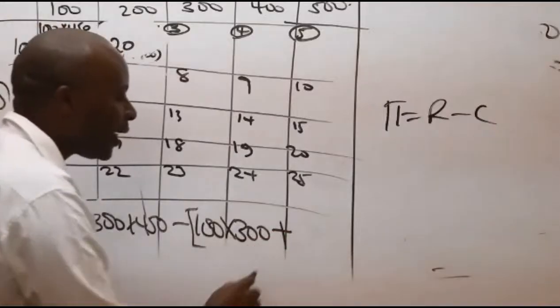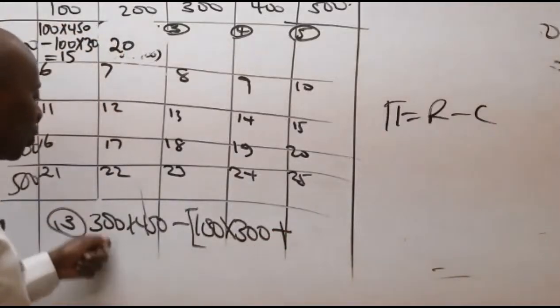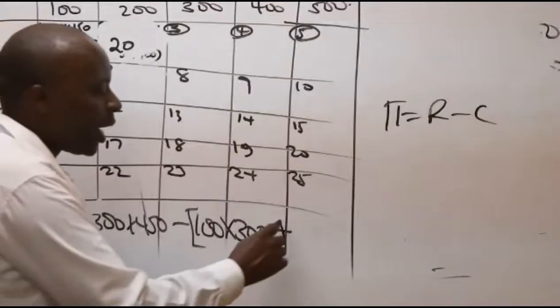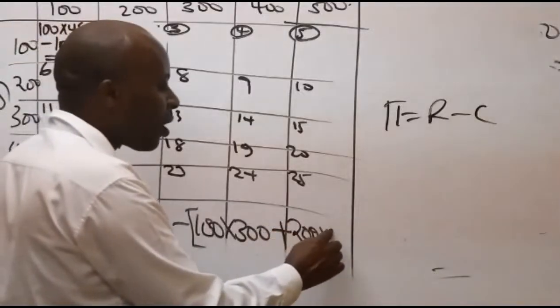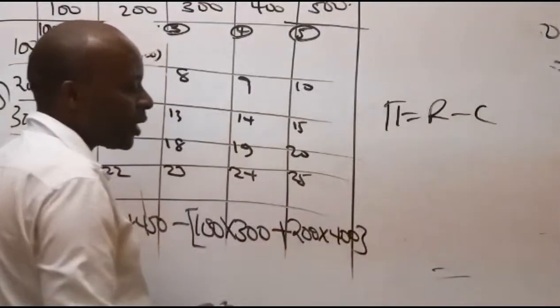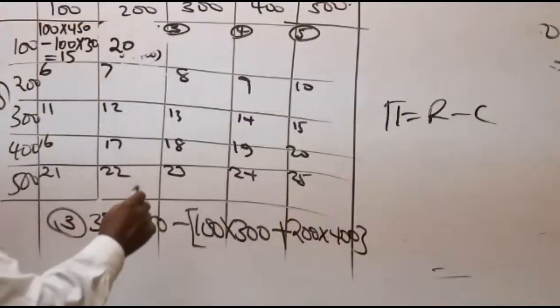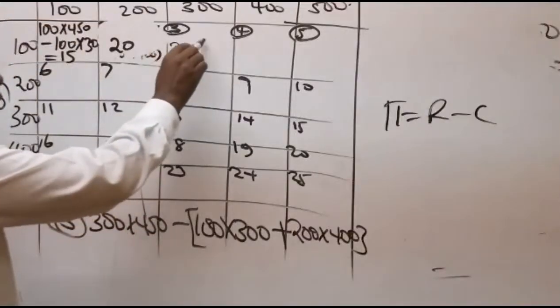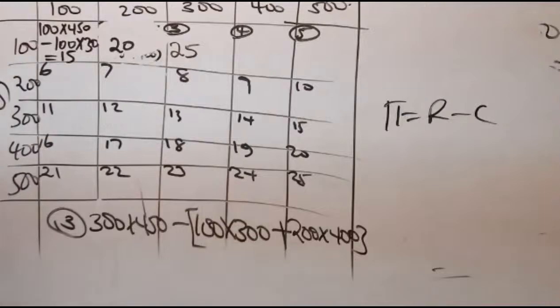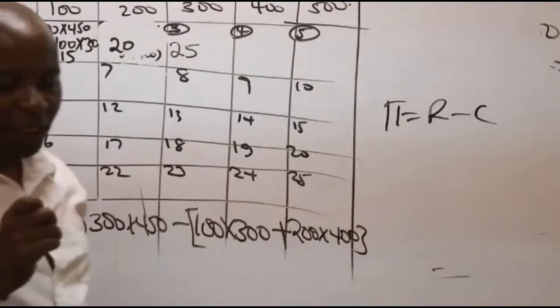Plus, we've got this other excess. You can see in total we want to sell 300, so the excess 200 has to be at a higher cost, which is 400. And I can see somebody telling me, Mwalimu, your answer will be 25. Thank you very much. I can see students now who are really following.